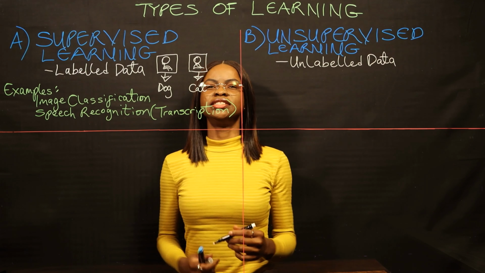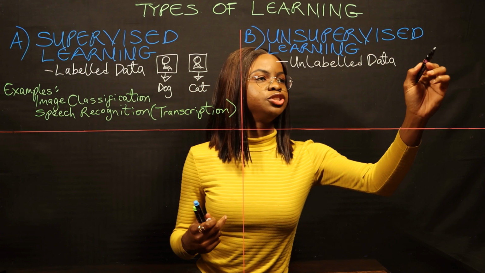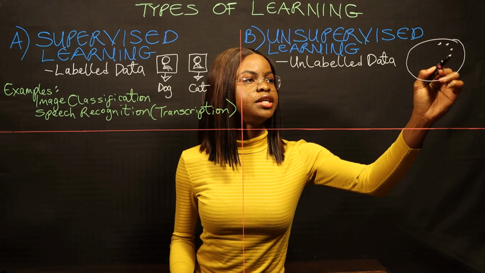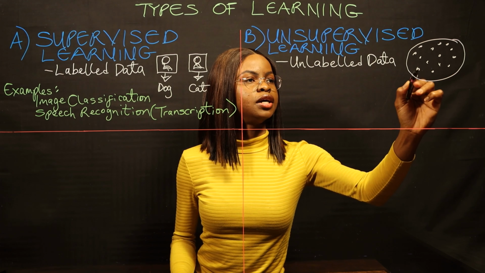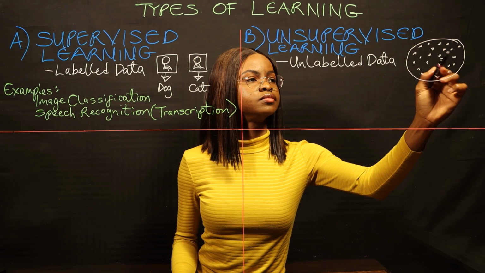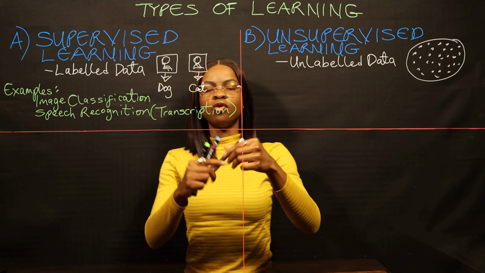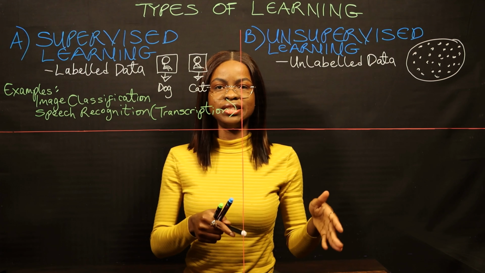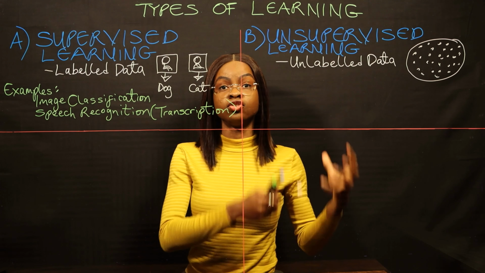So you can imagine, what does unlabeled data look like? Let's try to visualize it. Imagine this is our data set, and all of these are data points in our data set. Because they are not labeled, here our model is tasked with learning patterns in the data set on its own.